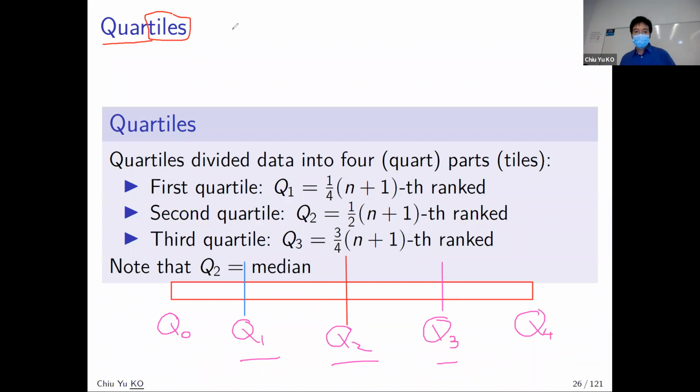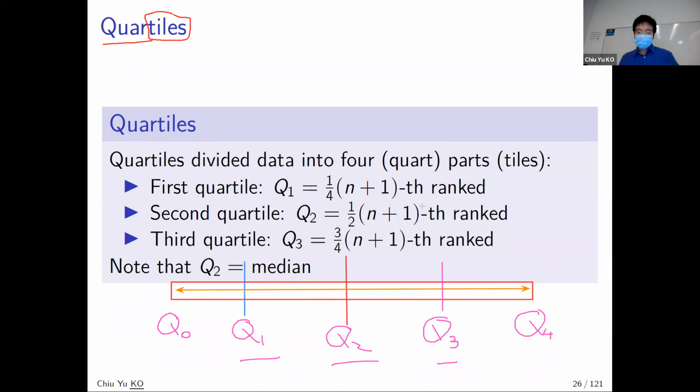And remember what's the range here? The range is the largest minus the smallest, right? Maybe I use another color, it's not very clear here. The range will be just like the orange one, the difference between the smallest and the biggest. Basically Q4 minus Q0, right?